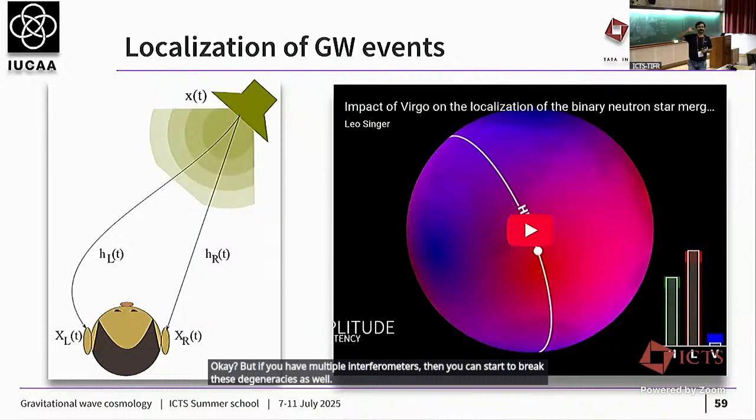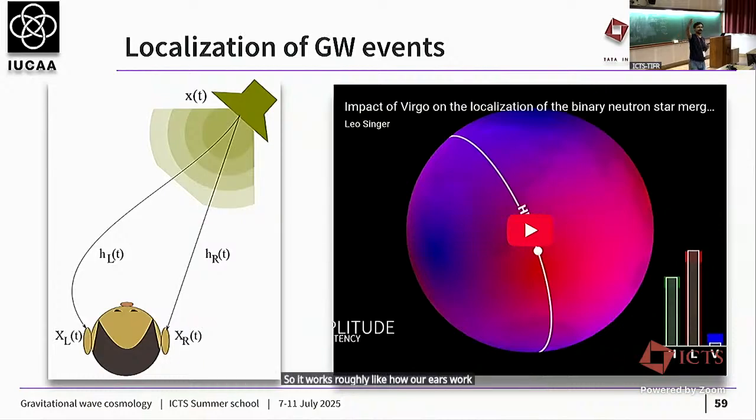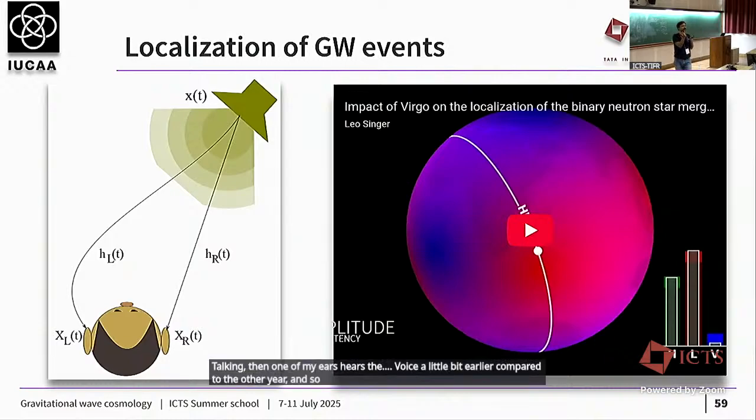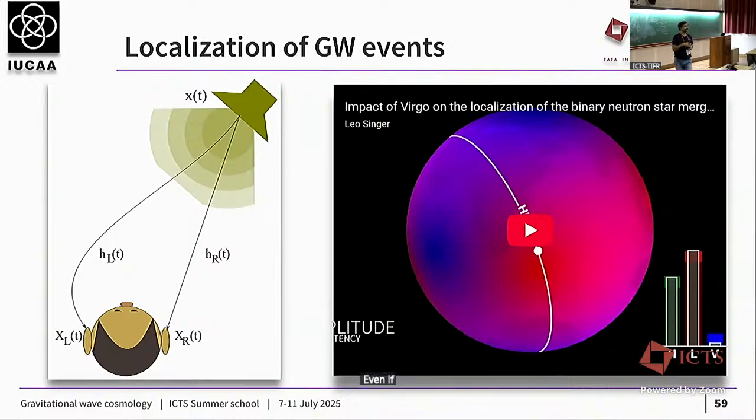It works roughly like how our ears work. If someone is talking, one of my ears hears the voice a little earlier than the other ear, and that helps me figure out the direction, even if I close my eyes. It is basically the same principle.